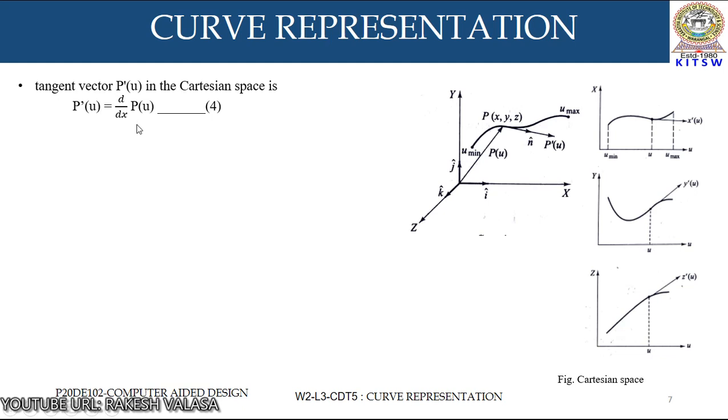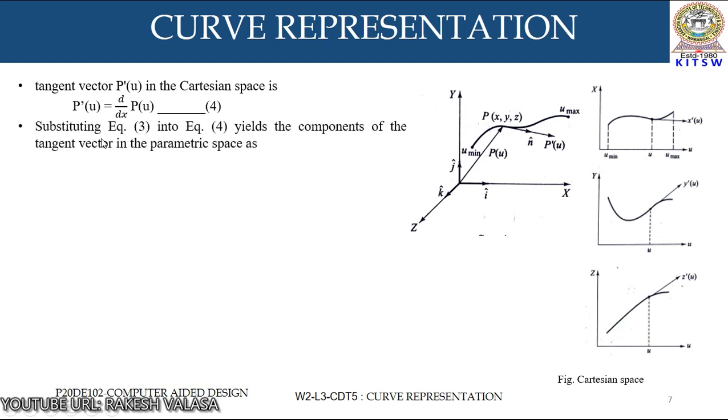Now substitute equation 3 into equation 4. Substituting equation 3 into equation 4 yields the components of the tangent vector in the parametric space, that is P dash of u equal to x dash, y dash, z dash transpose. This is the tangent vector.